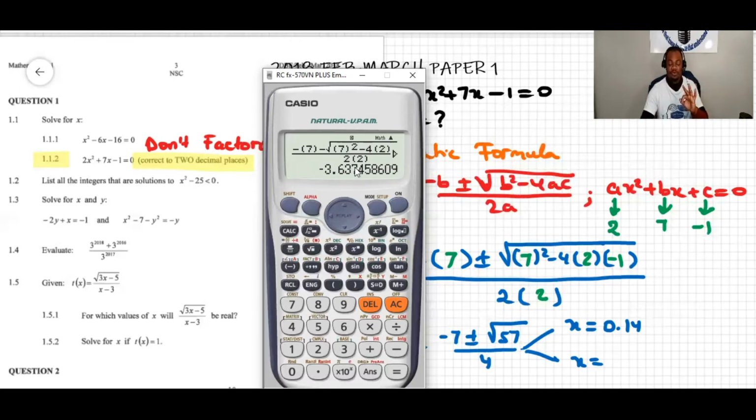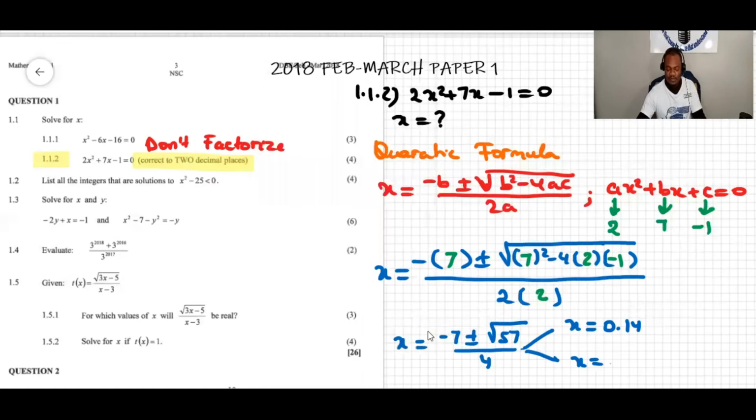Because 7 is more than 5, we increase the second decimal place by 1 unit. So this becomes -3.64. So x will be -3.64. These are the solutions of this quadratic equation.